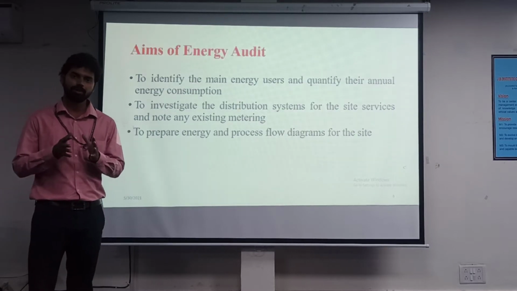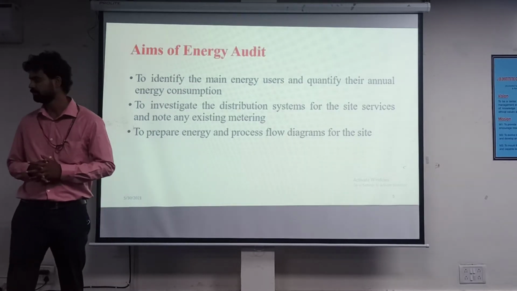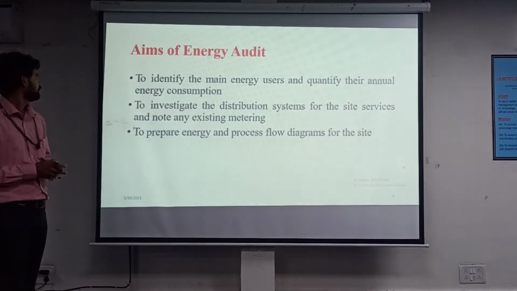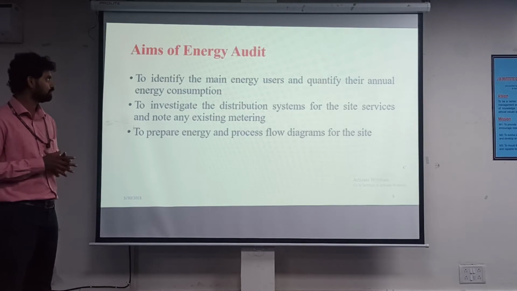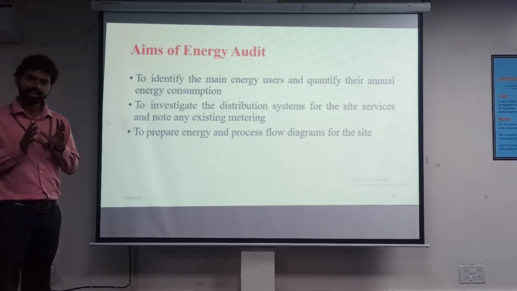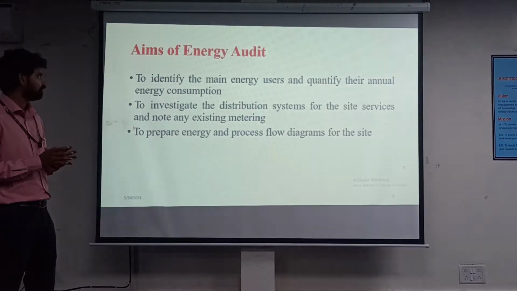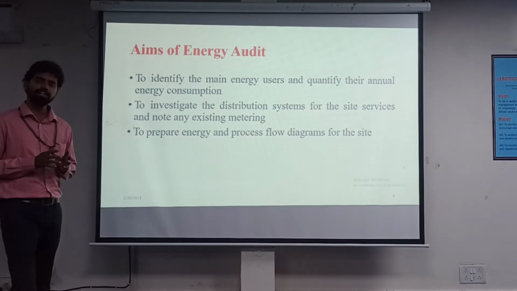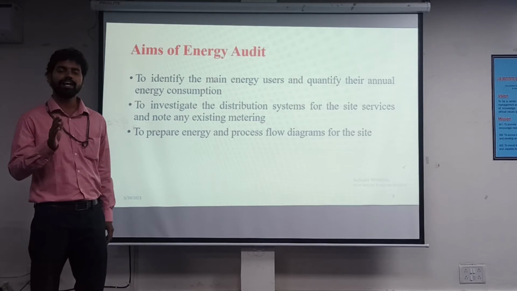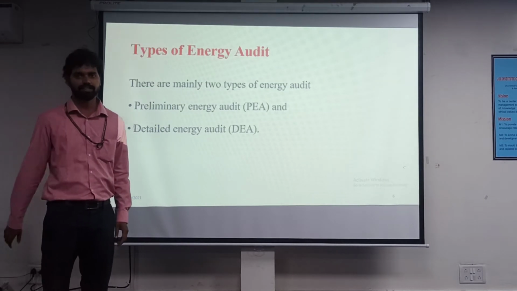We can perform the energy audit. And the main aims of energy audit is to identify the main energy users and quantify their annual energy consumption, and to investigate the distribution systems, and to prepare the energy and process flow diagrams required for the site.